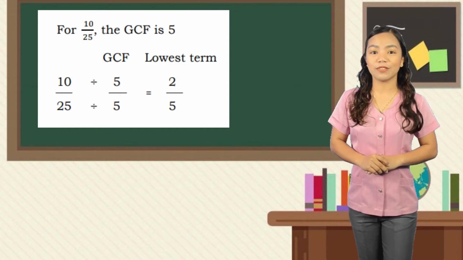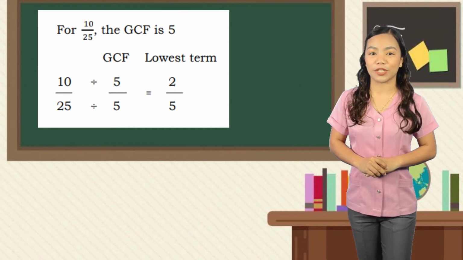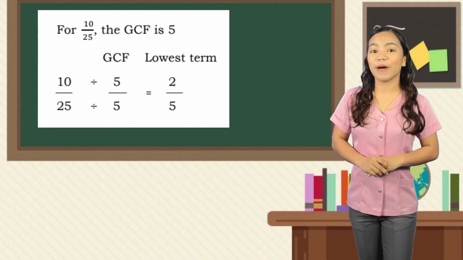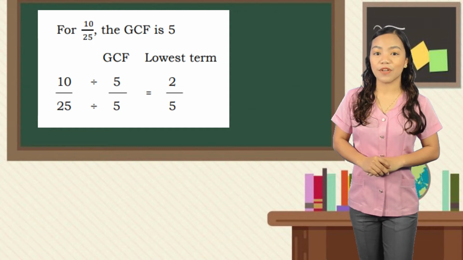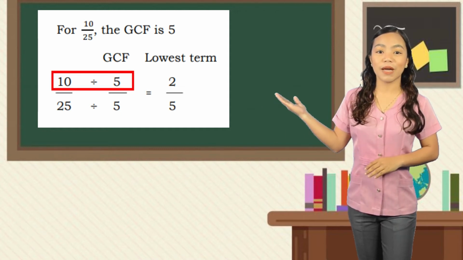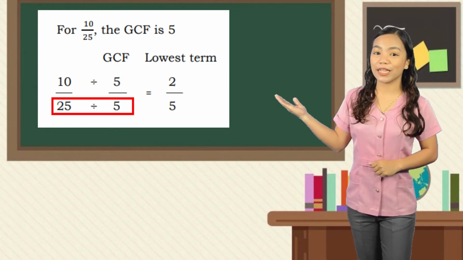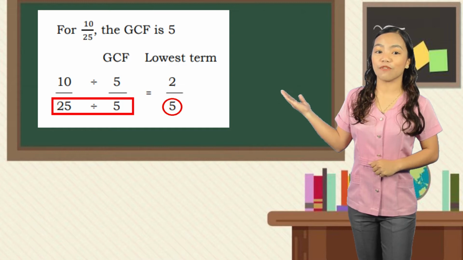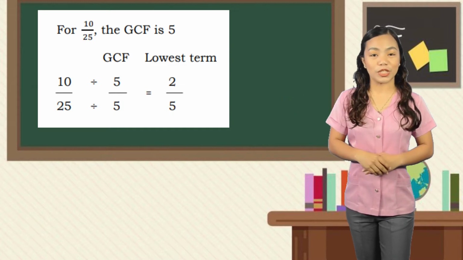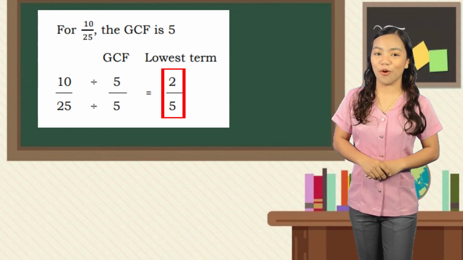We reduce it to its lower term by dividing both numerator and denominator by the GCF 5. That results to 10 divided by 5 equals 2 and 25 divided by 5 equals 5. The lowest term for 10/25 is 2/5.